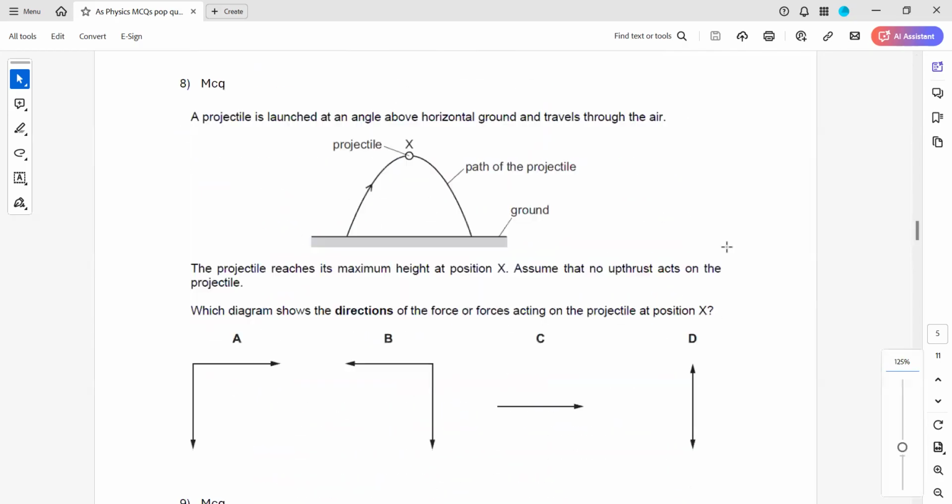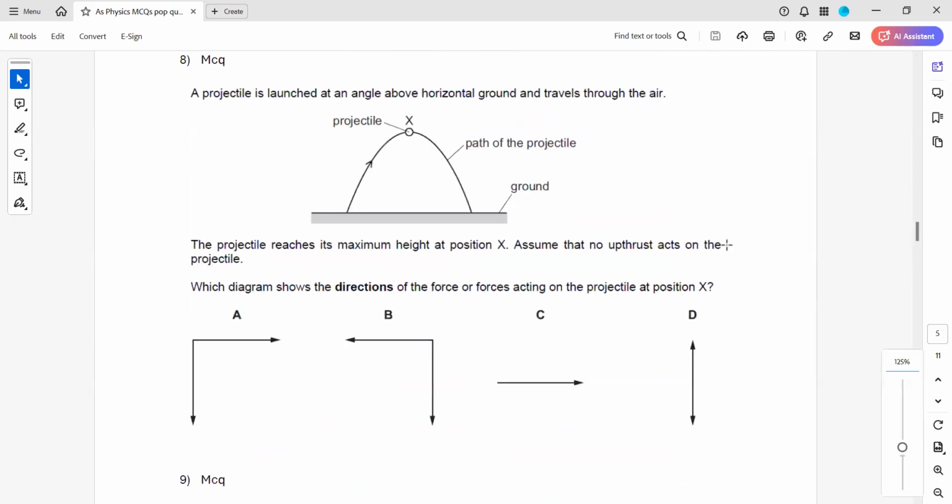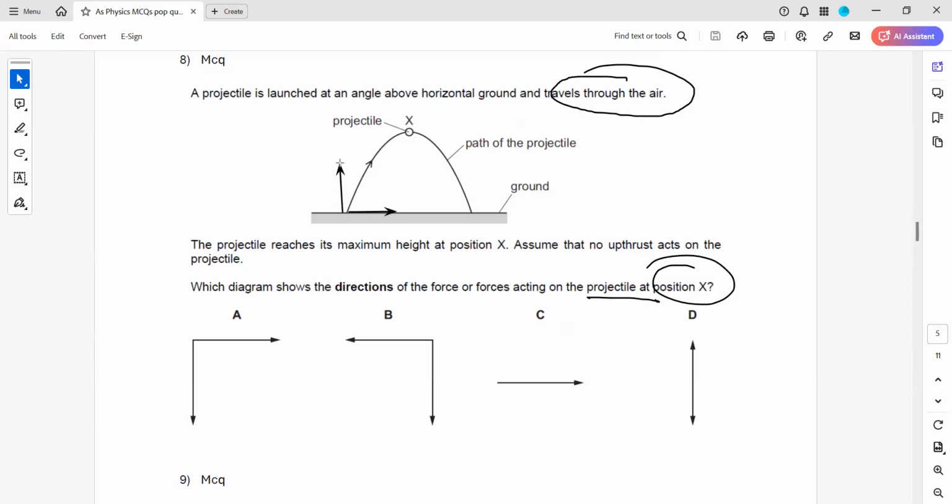In question 8, which diagram shows the direction of the force or forces acting on a projectile at X? If you read the question, they mention it is moving through the air. So it means they did not neglect the air resistance. So the projectile will have two components, horizontal and vertical. So it is moving horizontally. If it is moving horizontally, what will be the force which opposes the motion?